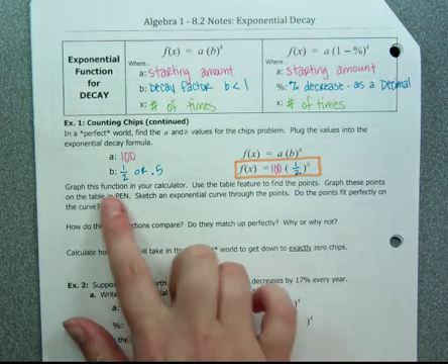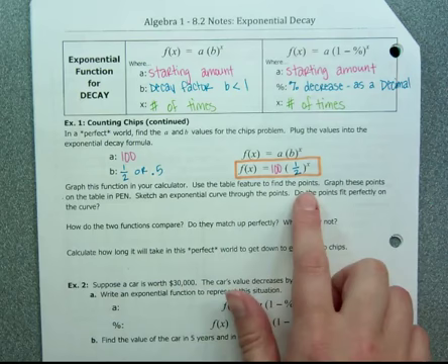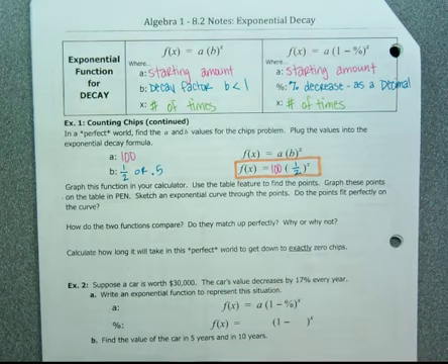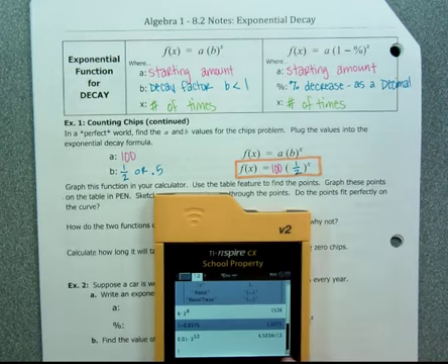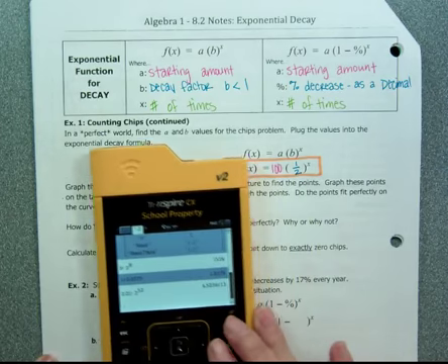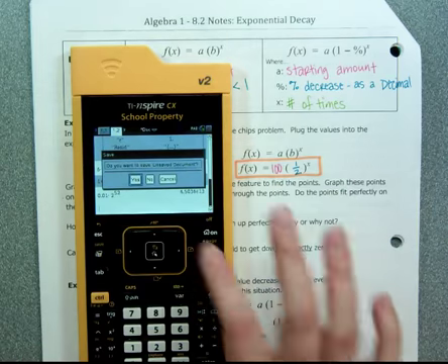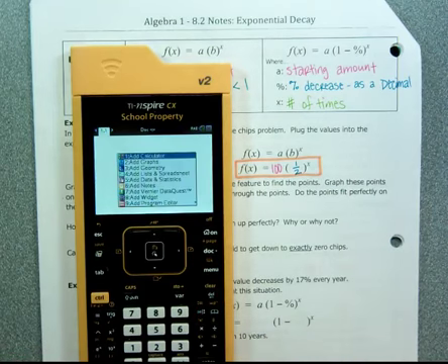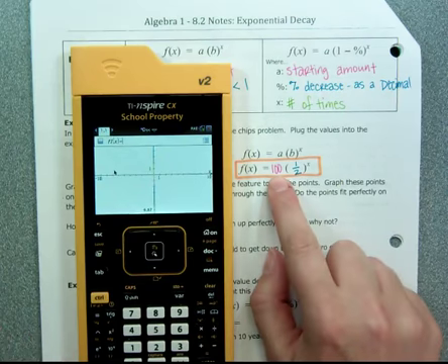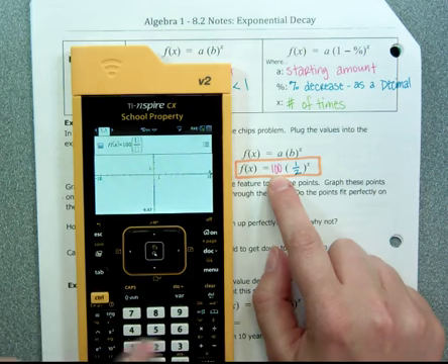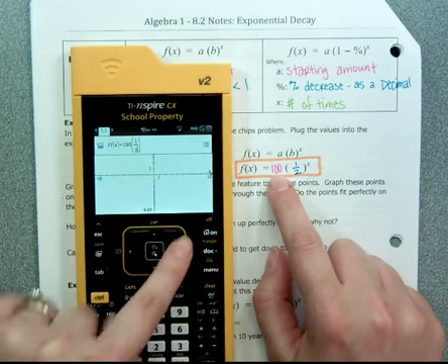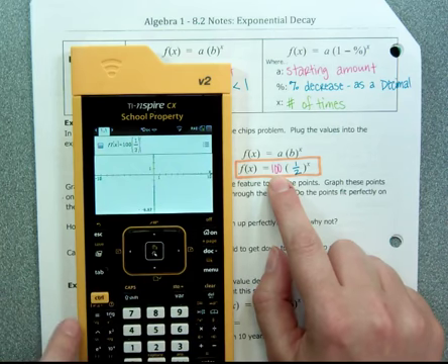All right, so let's graph this function on your calculator. Use the table feature to find points. So on your calculator, home screen, new document, don't save, add a graph. Okay, and we're going to type this in: 100 times, I'm going to put in my fraction, 1/2, close your parentheses, to the x power.